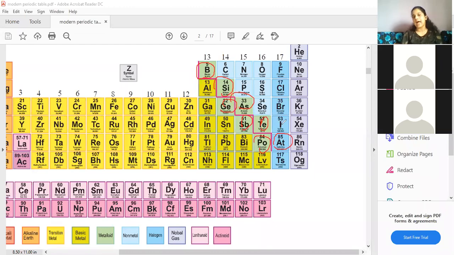It is not a halogen. Even though they have put it in a blue colored box resembling halogen, maybe because it is present in the halogen group, that is the reason the color they have put is blue. But astatine is a metalloid. So the list is the same, whatever list you wrote earlier. Just put a comma and write down germanium and polonium as well.